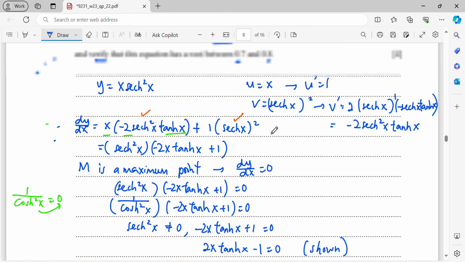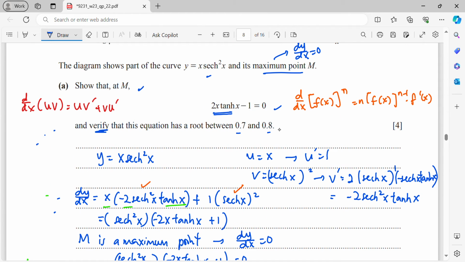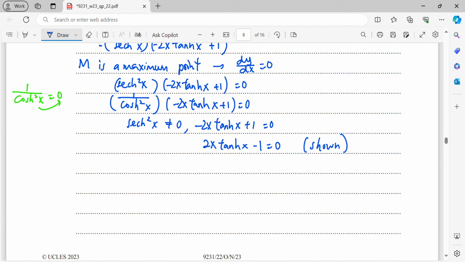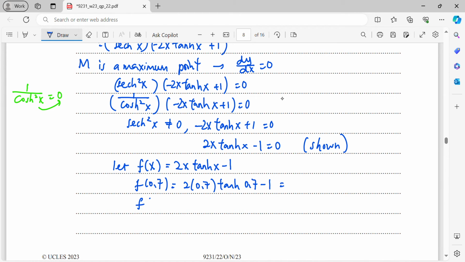And then now you need to verify that this equation has a root between 0.7 and 0.8. This is done using the sign change rule. So I will let the equation be f(x). Now I replace the x by 0.7, then I calculate f(0.8).